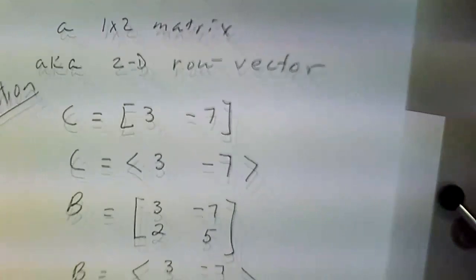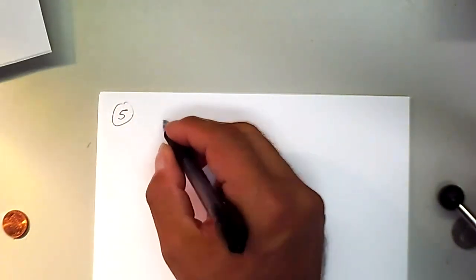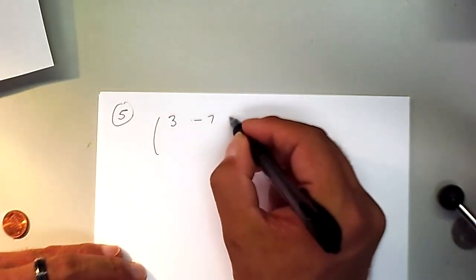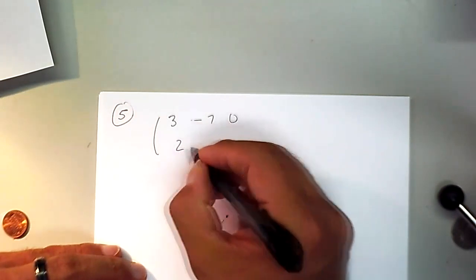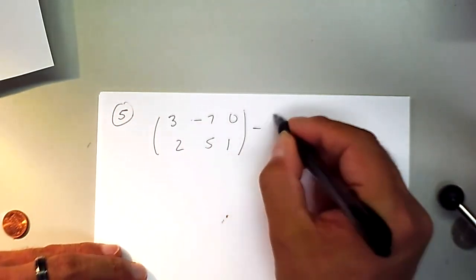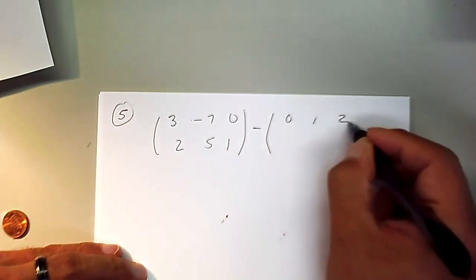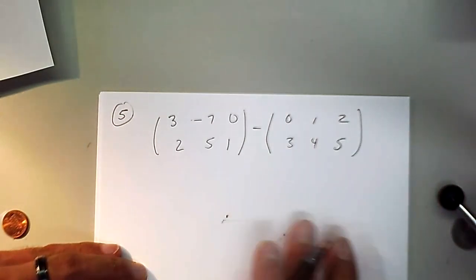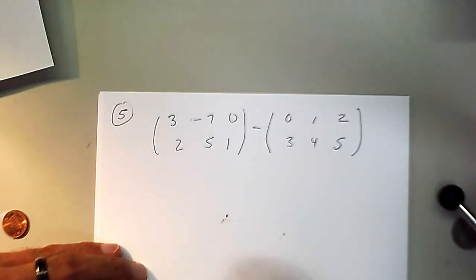Subtracting is almost as easy. So example 5. Let's copy the same matrices. So 3 -7 0 2 5 1 minus 0 1 2 3 4 5.